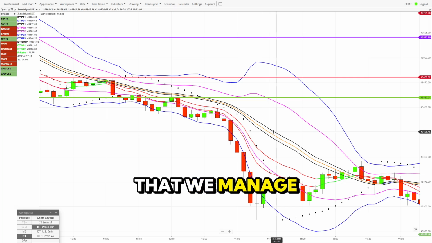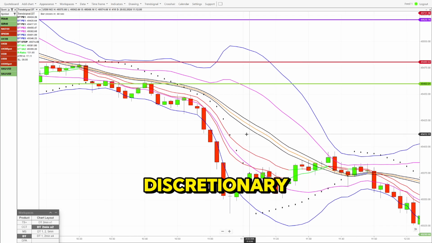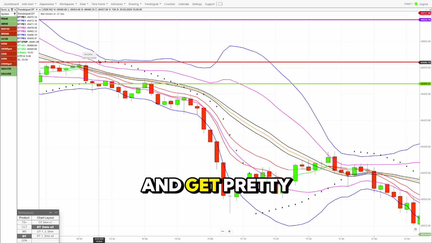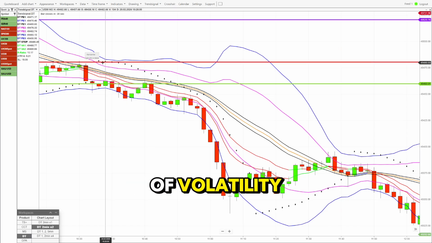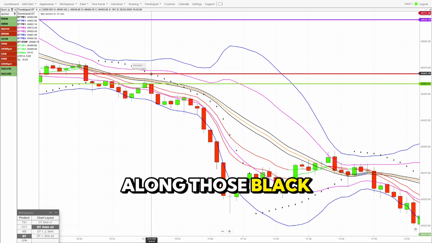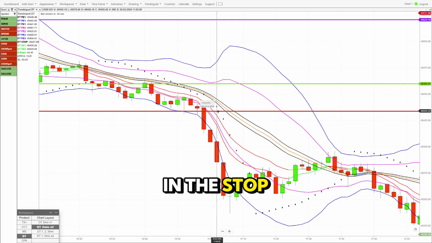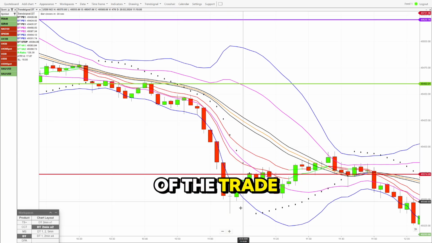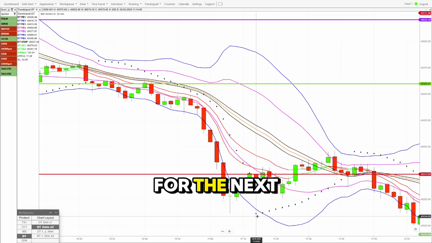The way that we manage this trade is a bit discretionary, and we do teach that through our workshops, but a very simple way for people who are new to the strategy to follow this and get pretty good results out of it, a little bit of volatility but overall quite profitable, is just follow along those black arrows as they lock in the stop. We get the break we're looking for, we come out of the trade, we walk away, and we reassess for the next position.